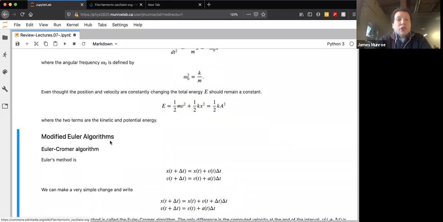One of the solutions for dealing with an oscillatory motion is to use a different numerical algorithm. One of them we encountered was something called the Euler-Cromer method, otherwise known as the modified Euler method.